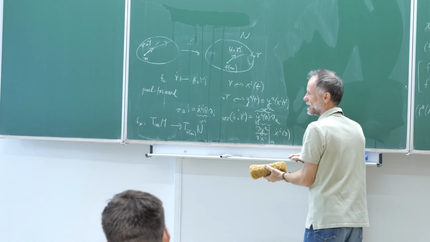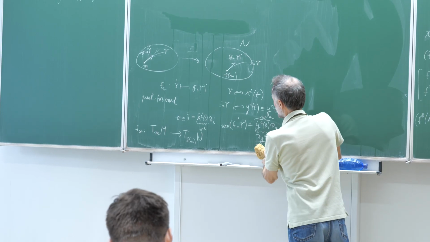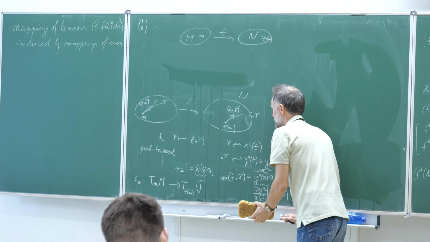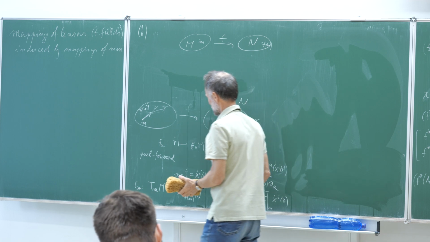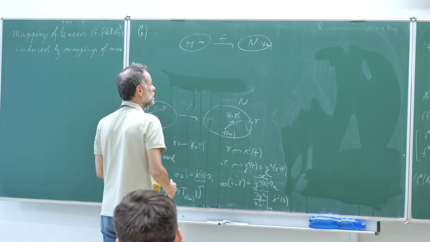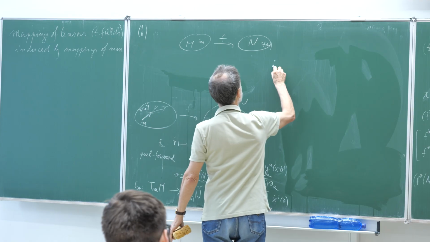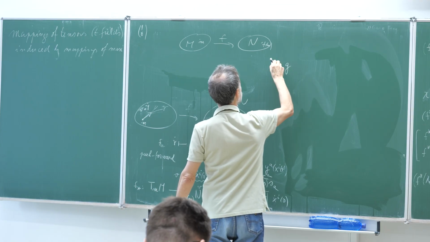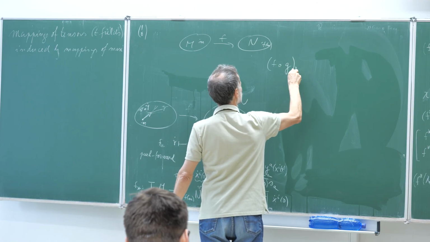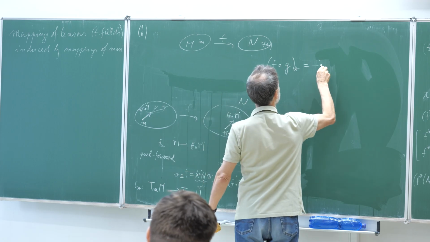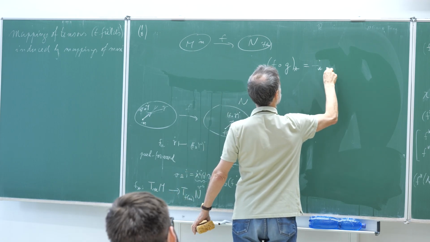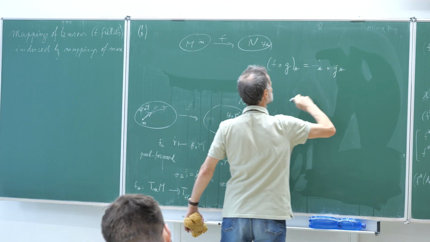It also has a lot of properties similar to this case. For example, if we have F and G, we get F star G star.